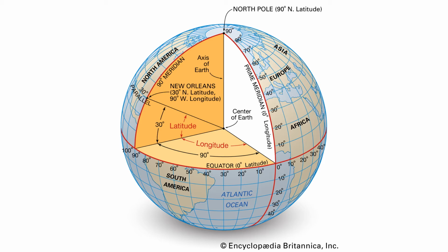Both are reported in degrees, measured from datums, latitude from the equator, and longitude with respect to the prime meridian, which passes through Greenwich in the United Kingdom. Latitude varies from -90 to +90 degrees, and longitude from -180 to +180 degrees.